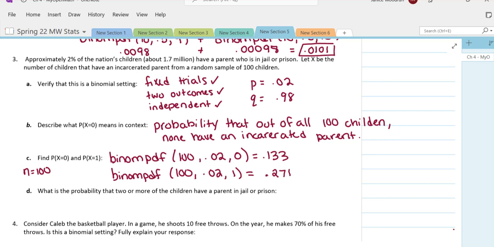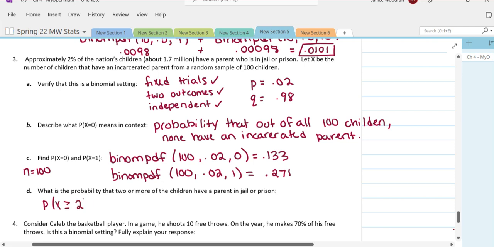What is the probability that 2 or more of the children have a parent in jail or prison? So it's the probability that x is greater than or equal to 2. Since I already found the probabilities for 0 or 1, it's really the probability that x is less than 2, which means I could add these probabilities.